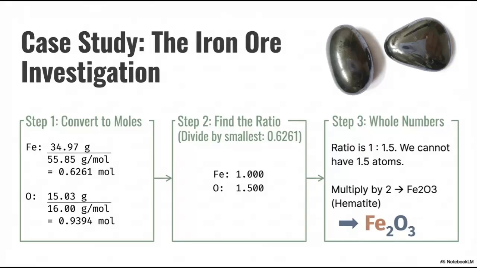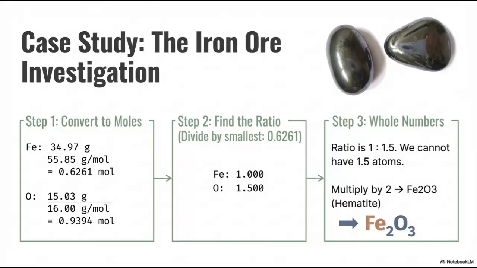Again, you are given grams, convert to moles using the molar mass, then divide by the smallest ratio. Check to make sure you have a whole number. If you do, you just write the formula and put those subscripts in there. If you don't have whole numbers, you multiply by a factor that's going to give you whole numbers. In this case, that factor is 2.